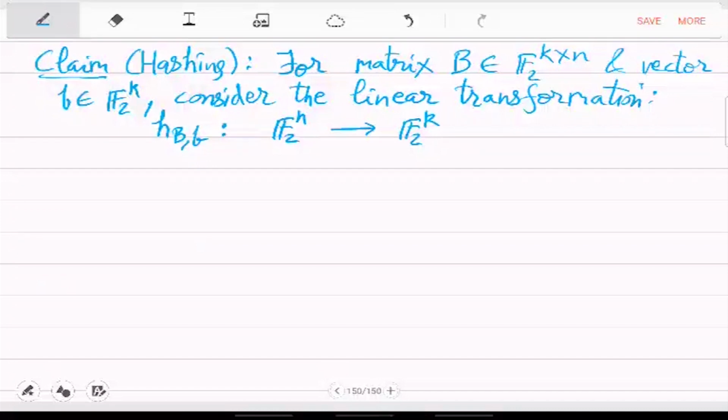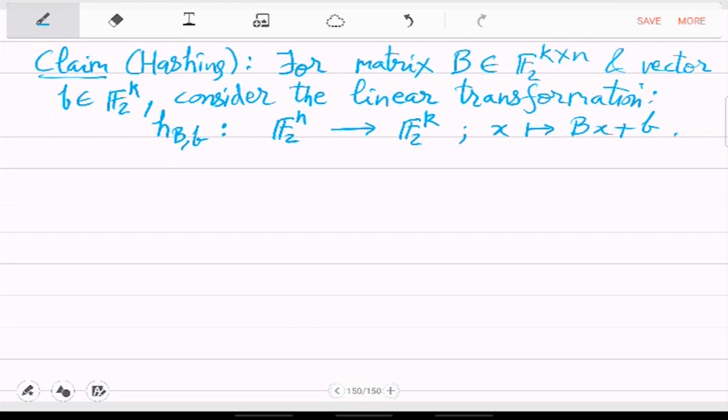The way it's done is x is mapped to Bx plus b. Think of x as a column vector and multiply on the left with this matrix. This is possible because B is k cross n, x is n cross 1.